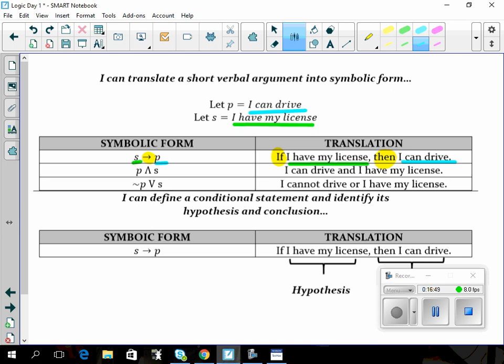The basic key is the symbol arrow represents if then. I could also say all people that have licenses can drive. I can put the all in there if I wanted to. The next symbol is this guy.